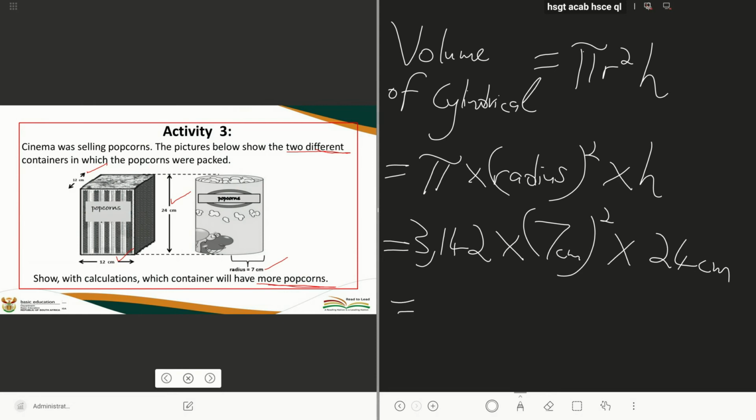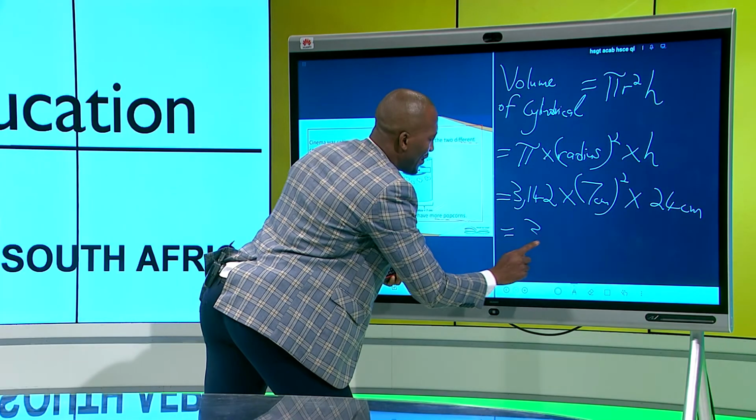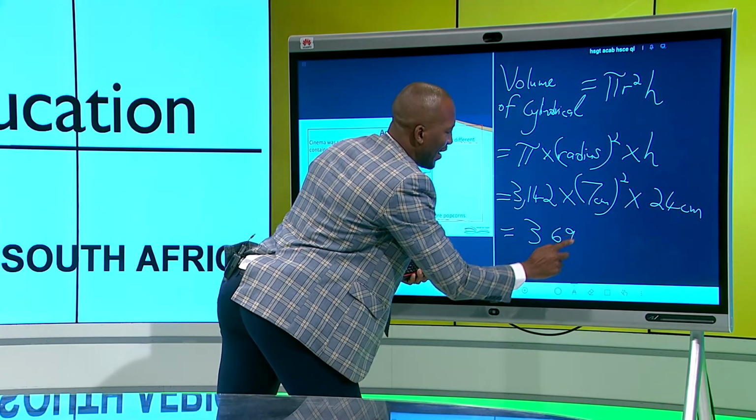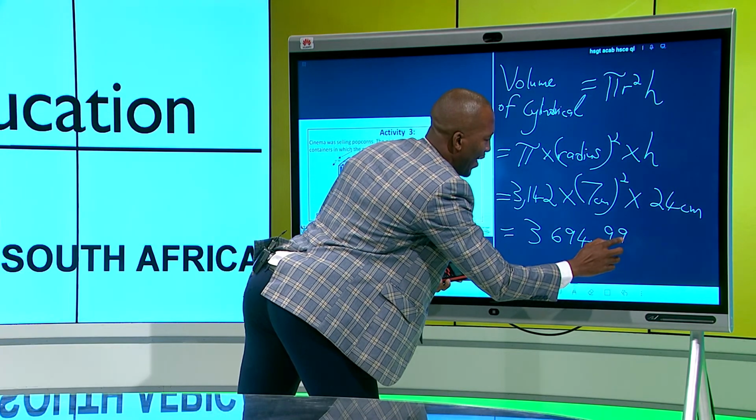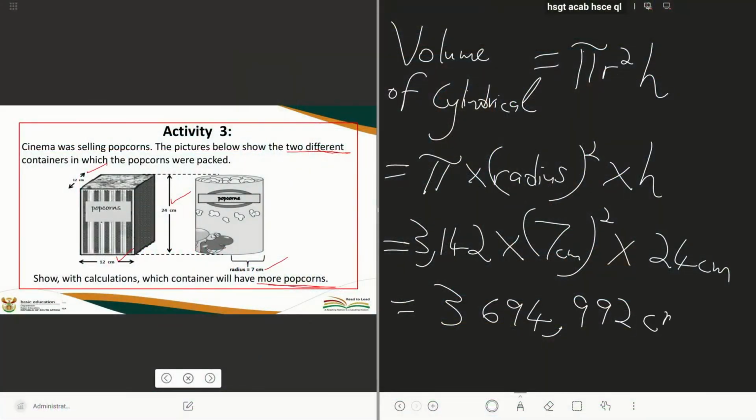Then we punch in our calculator 3.142 multiplied by 7 squared multiplied by 24. That is 3,694.992 cubic centimeters.